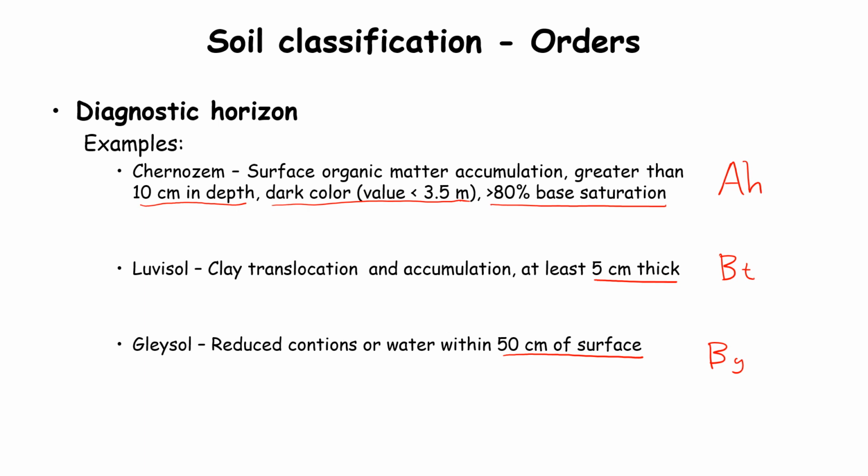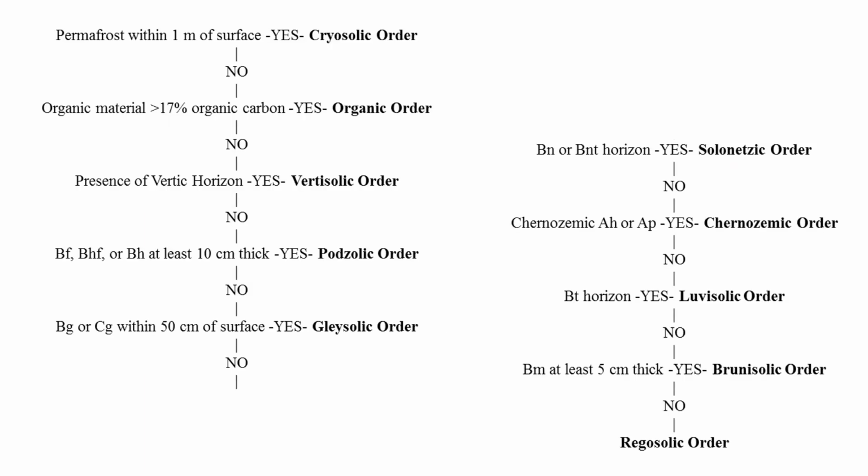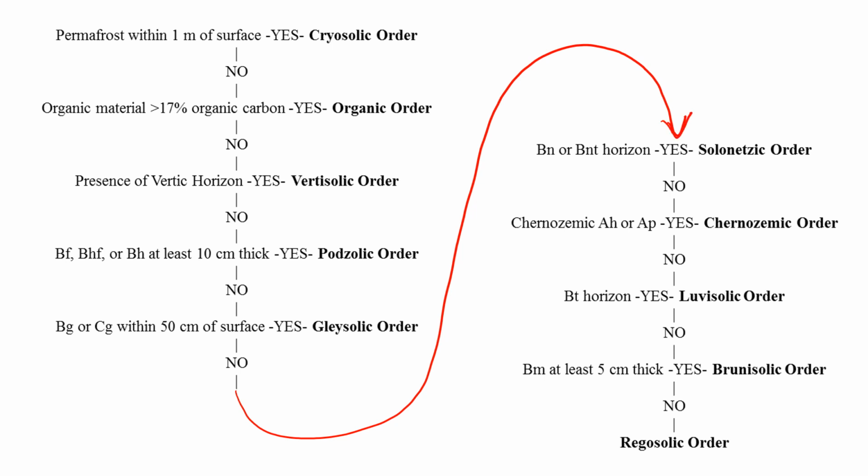But just because a soil has one of these diagnostic horizons doesn't necessarily make it that soil order. What happens is that the soil orders are defined in a sort of trumping system where we go in order of this hierarchy. We follow this flowchart this way and then down this way. Basically, if there's permafrost within 1 meter of the surface, if the answer is yes, it's a Cryosolic soil.